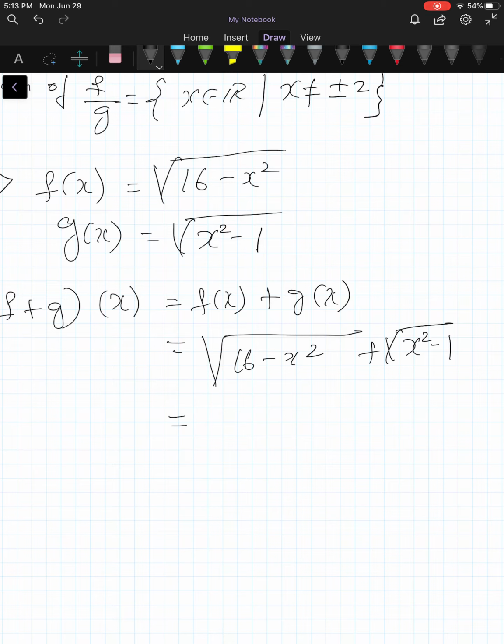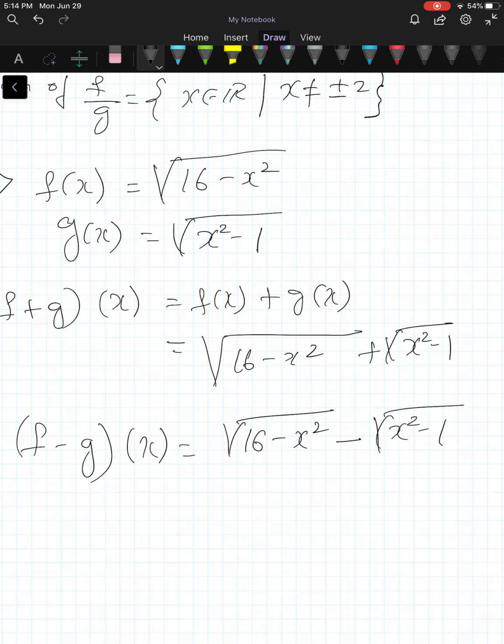They can be factored, the first term as x minus 4 times x plus 4, and the last term as x minus 1 times x plus 1, but there are no common factors to take out, so we will leave this as it is. The difference is one and the same: square root of 16 minus x square minus square root of x square minus 1.